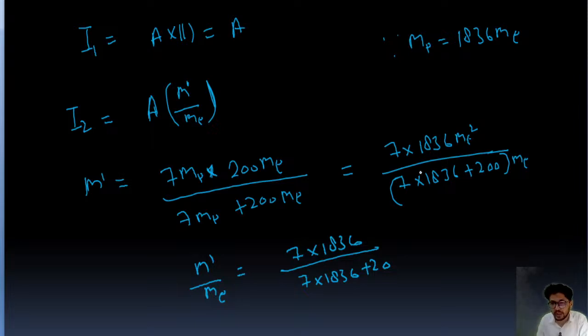and here 200 as well, right? This 200 into 200 into 200 Me square, right? Me will get cancelled, 1 Me, right? And this value into 200, and this value is almost equal to 197, okay? So 197 A is there, right?